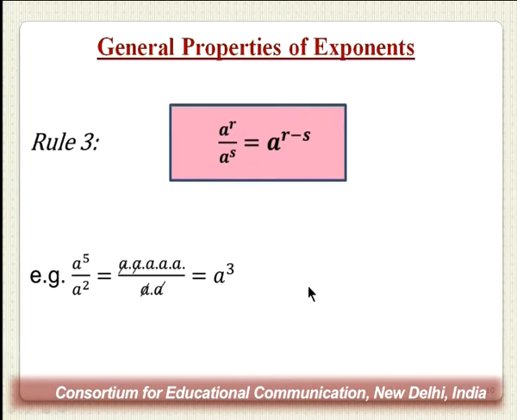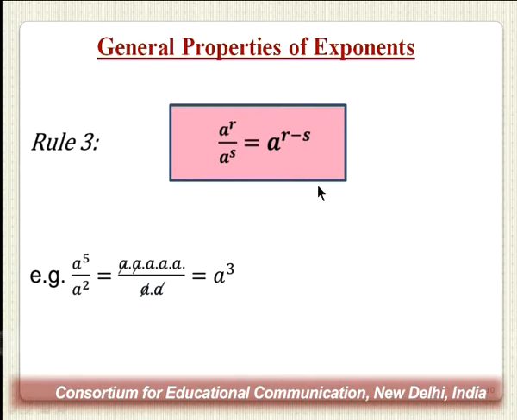The third rule here says that a to the power r divided by a to the power s is equal to a to the power r minus s, and that is natural because we have said that 1 upon a to the power s is nothing but a to the power minus s. So if I write the left hand side as a to the power r times a to the power minus s, this then becomes a to the power r minus s.